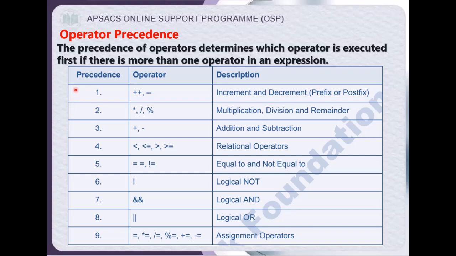First priority is increment and decrement operators, then multiplication, division and remainder operators, then addition and subtraction, at fourth relational operators, at fifth equal to or not equal to relational operators, number 6 logical not, logical and, logical or, and at last assignment operators like asterisk equal to.